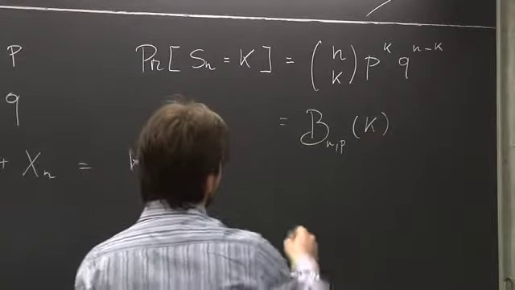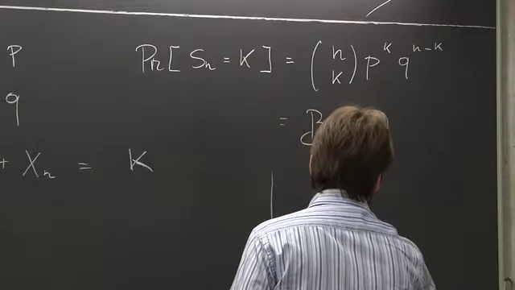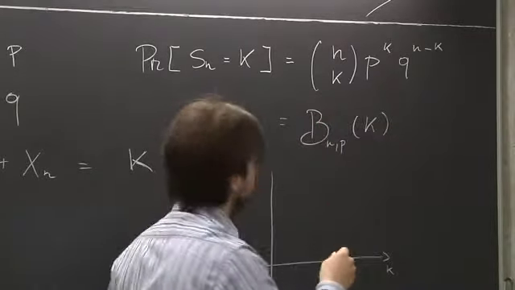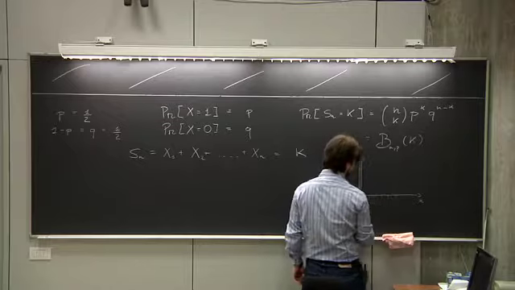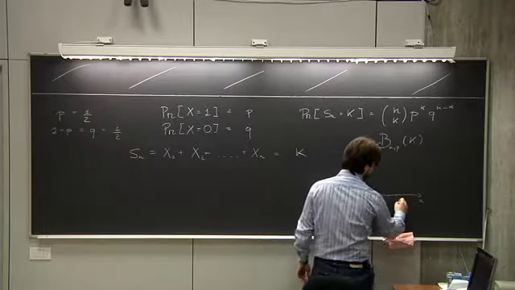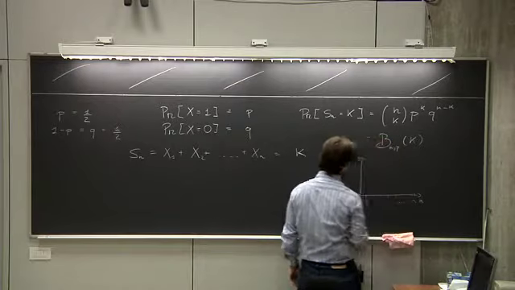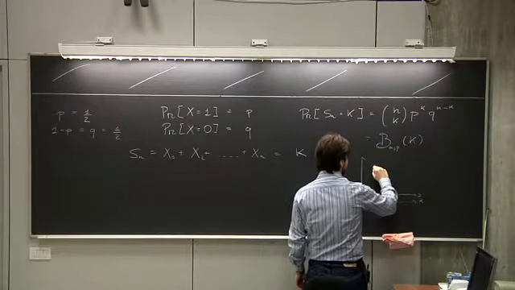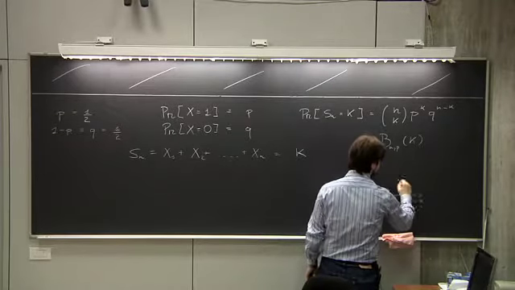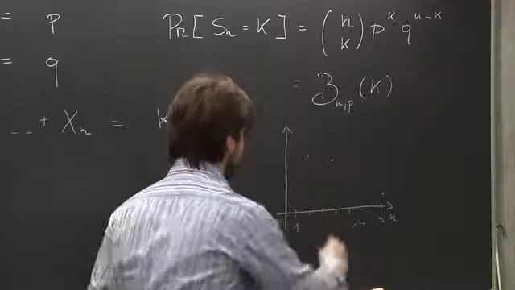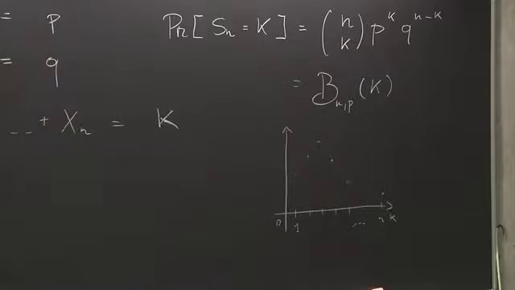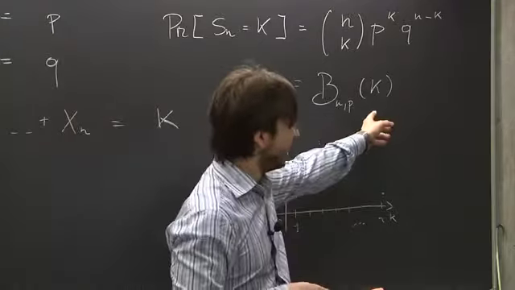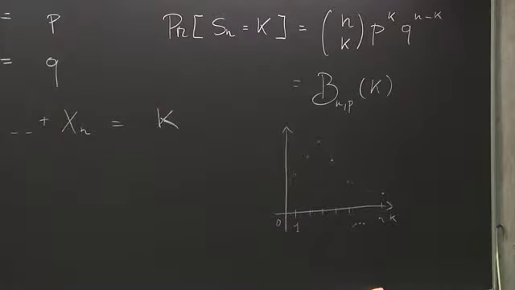You can try to picture it: the variable is k, and you need to fix n and p. You have only integer values, 0, 1, up to n, and then you will have some shape, something bell-shaped, just to give you a flavor. You may try to connect the dots with a contour, but the distribution is discrete, so it has values only on integer numbers. K can be 0, 1, 2, 3, up to n.